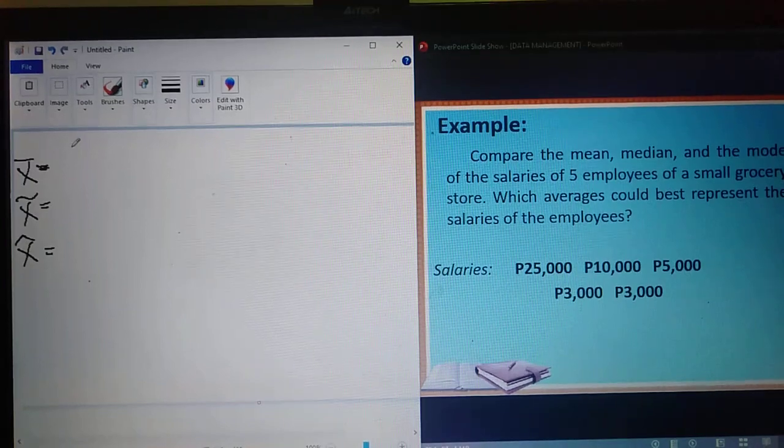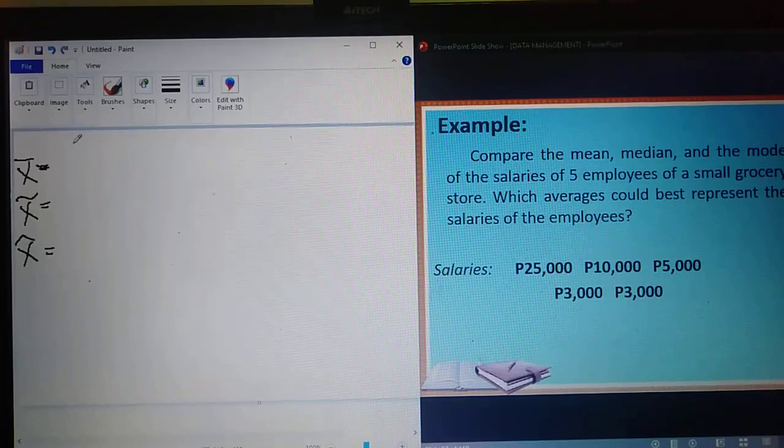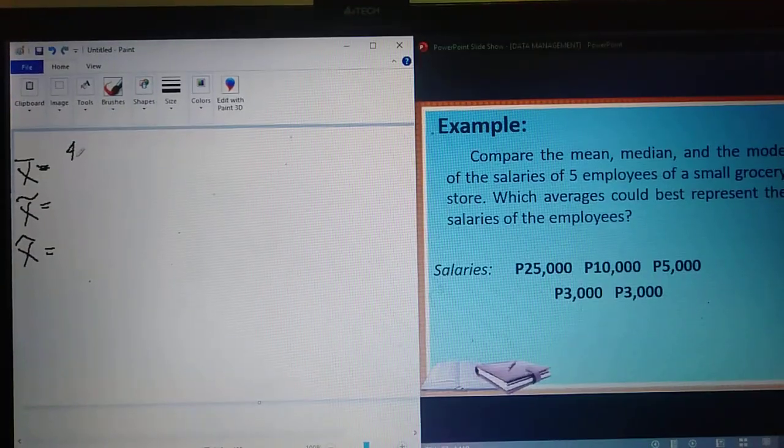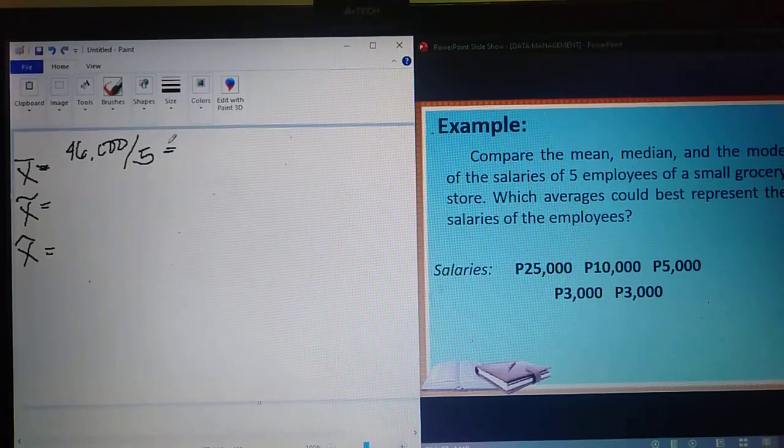Okay, sa mean tayo. I-add mo lang lahat, di ba? Sum of them. So, 25,000 plus 10,000 plus 5,000 plus 3,000 plus 3,000. Okay, we got 46,000 divided by 5 sila. So, divided by 5, we can get, okay, 9,200.